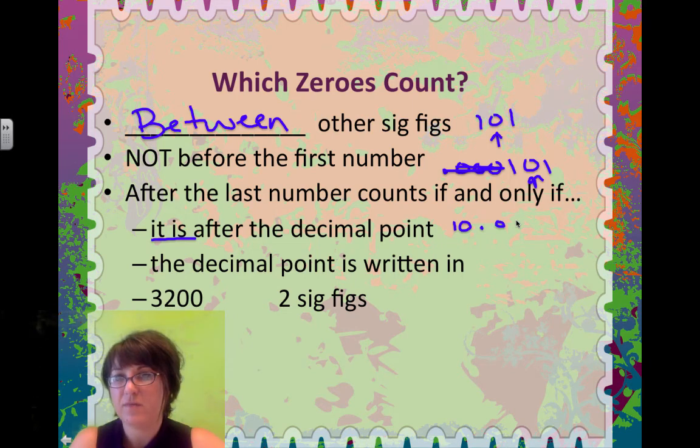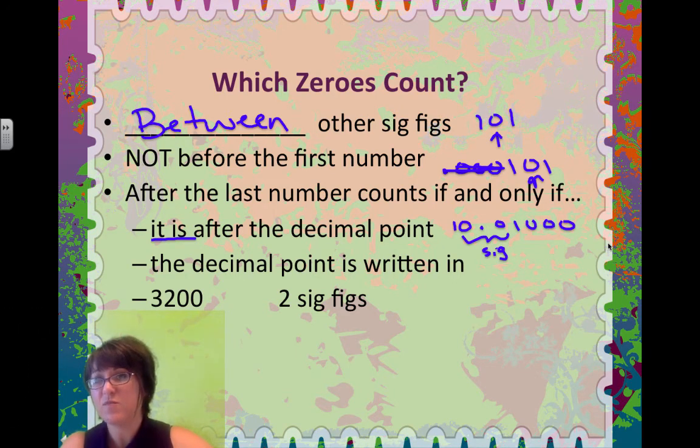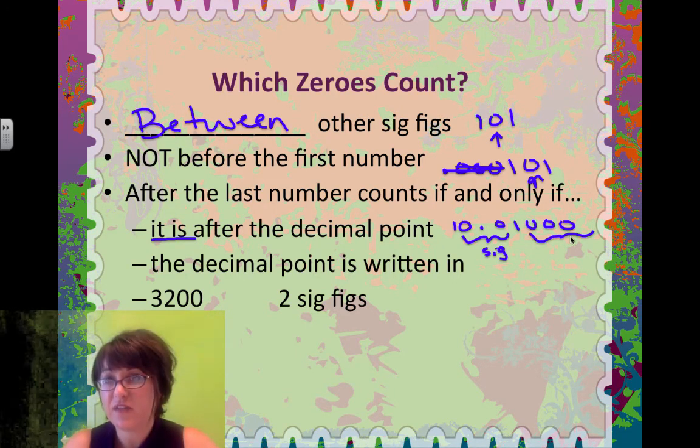Which of these zeros count? Well, we know the zeros that come between the number ones, these are significant, yes. How about these ones at the end? Well, the rule is if they follow a digit and a decimal, then they are significant. So yes, these count.